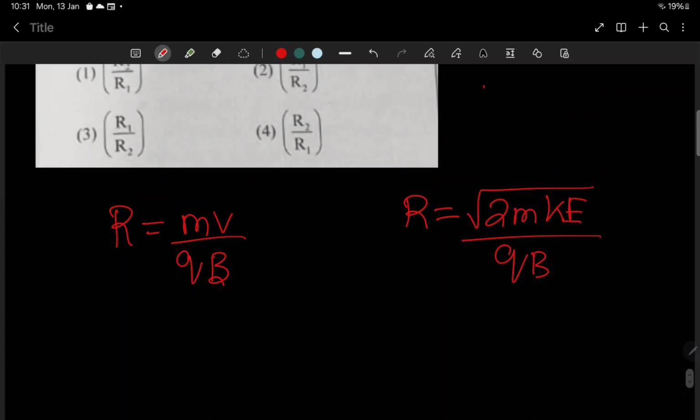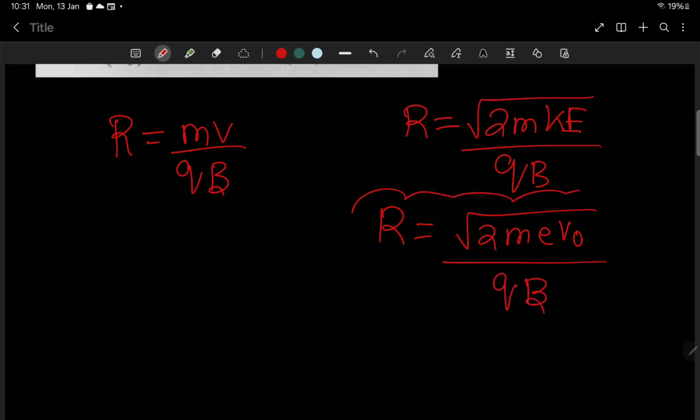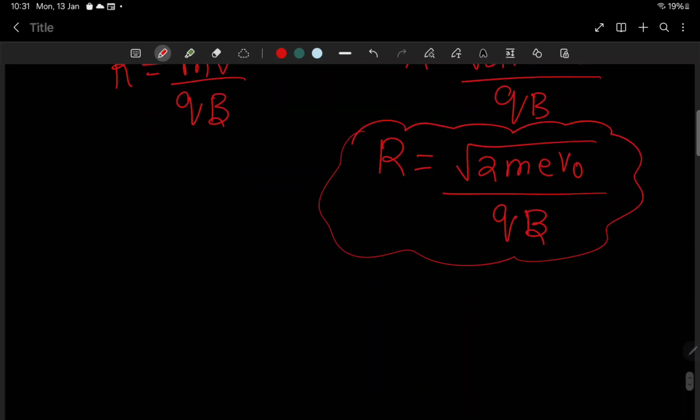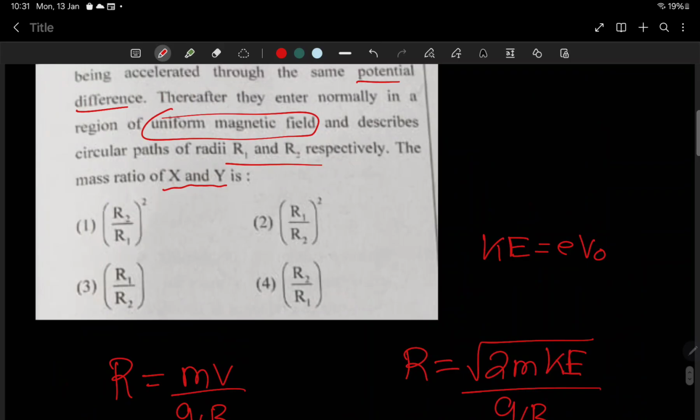You know that KE is equal to eV naught. Substitute it. You can write it as root 2m eV naught by qB. So this is the formula that we required here. Now divide. R1 by R2 is equal to, they are having the same charge.